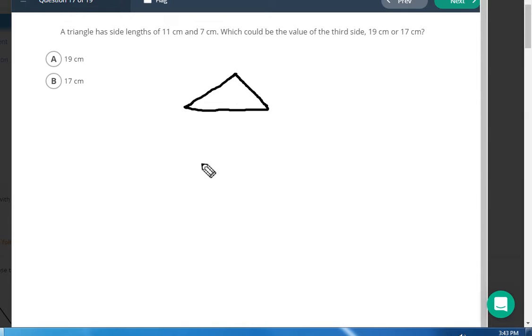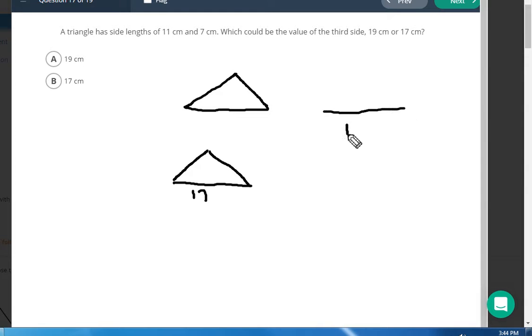Because if, let's say our bottom was 17, that would work.